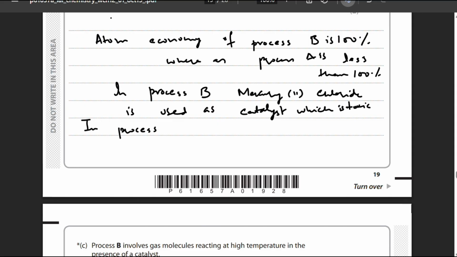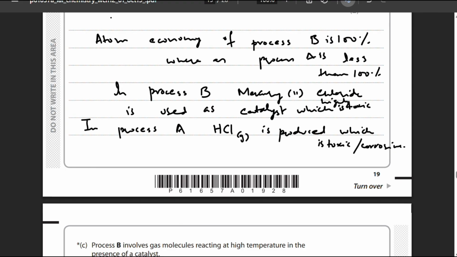In process A, hydrogen chloride gas is produced, which is toxic and corrosive. Okay, so these are the reasons.